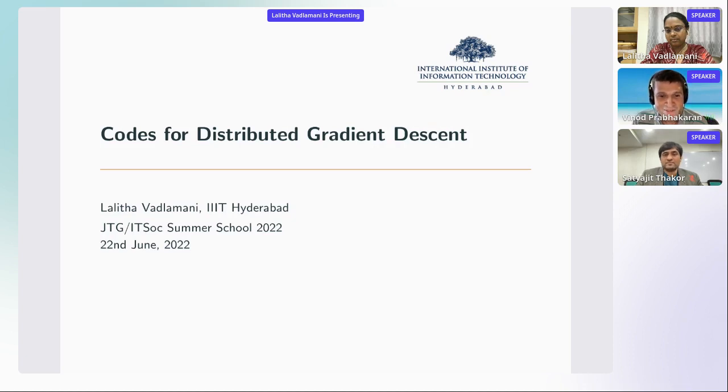Between her master's and PhD degrees, Lalitha worked in the industry at Qualcomm and Connection Systems. She has also interned at Microsoft Research in Bangalore. Her research interests include coding for distributed storage and computing, index coding, polar codes, learning-based codes, and coded blockchains. She has received awards, the Professor ISN Murthy Medal from IISc in 2005, and the TCS Research Scholarship. Let's welcome Lalitha to deliver a lecture on codes for distributed gradient descent.